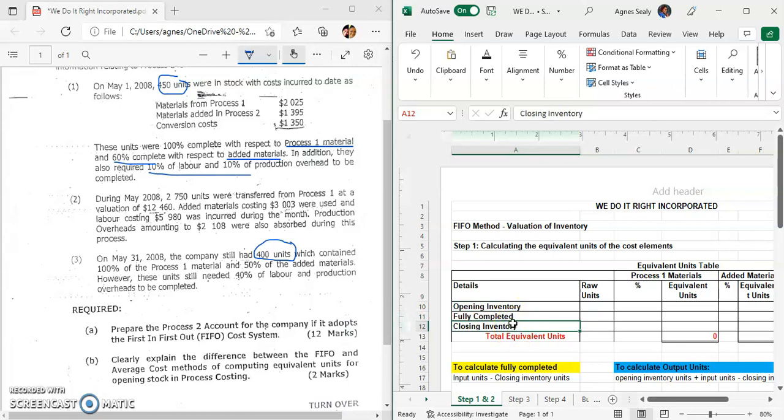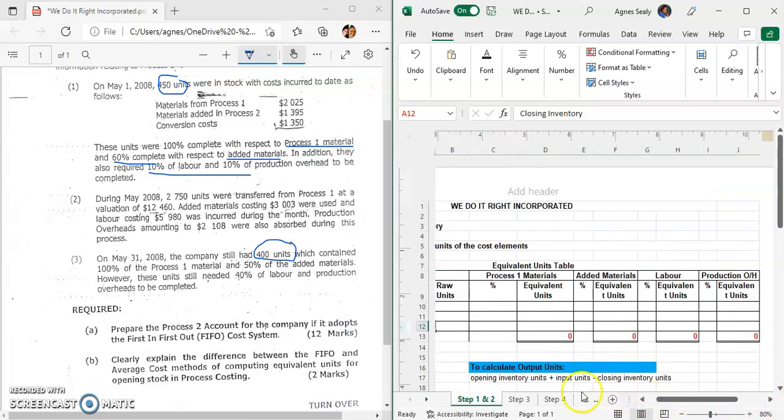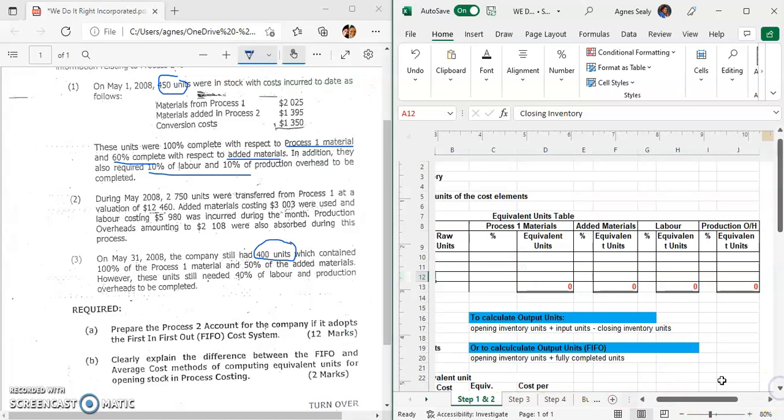Now, another thing that you need to look at is the calculation of the units of output from the process. How do we calculate output units? I already have some information set up for you. To calculate output units, we have two formulas. The first one: you can use your opening inventory units, add your input units, and subtract your closing inventory units.